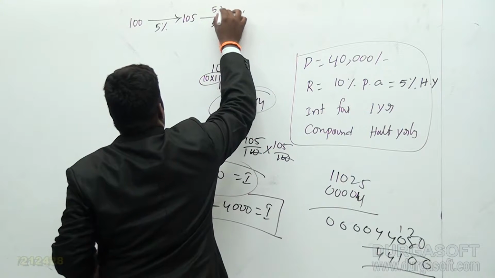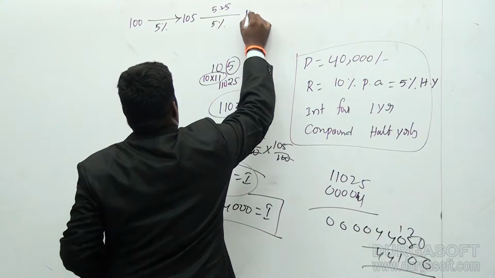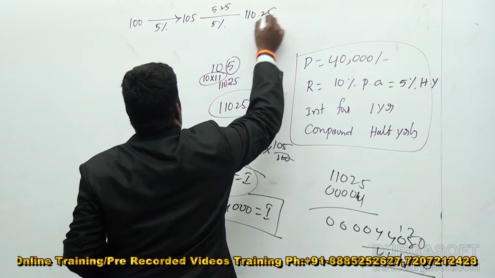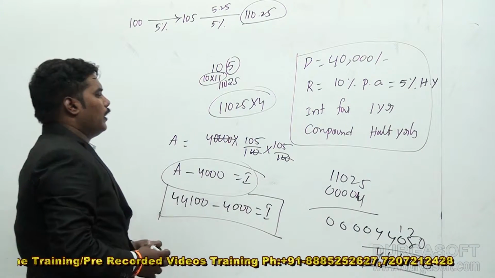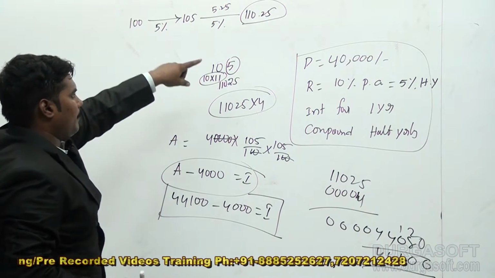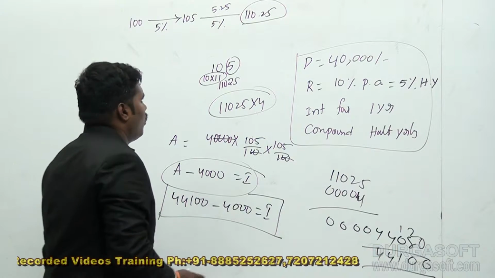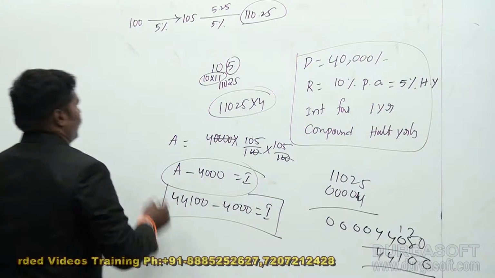When you add 5.25 to this, you get 110.25. You can get directly 11025. While comparing, you get the same answer, 44100.